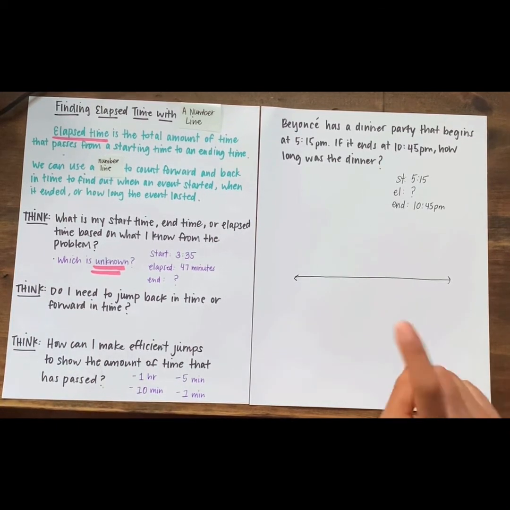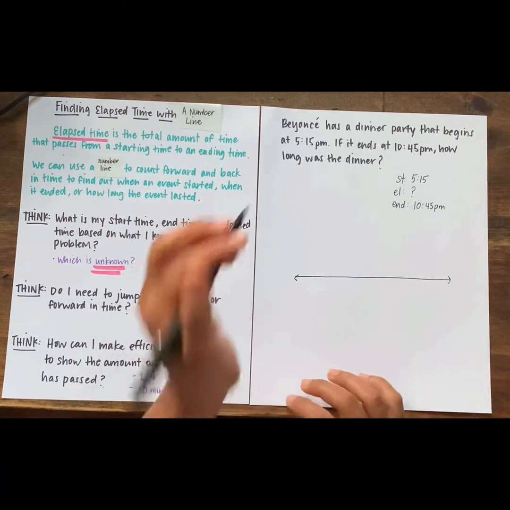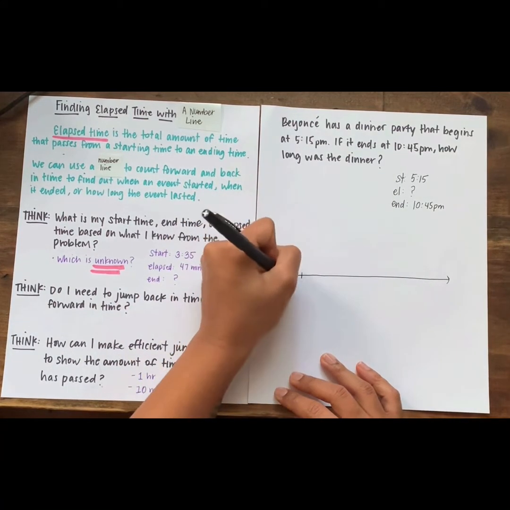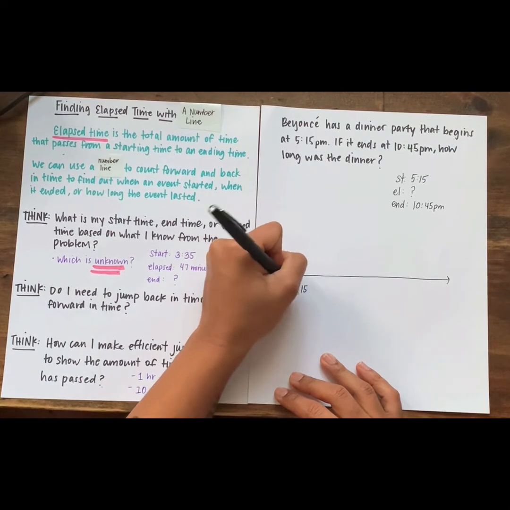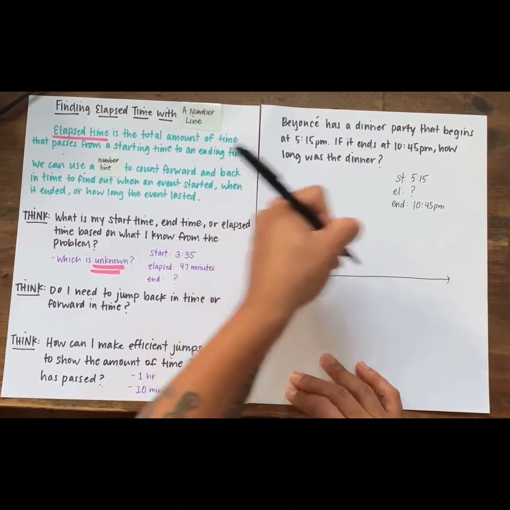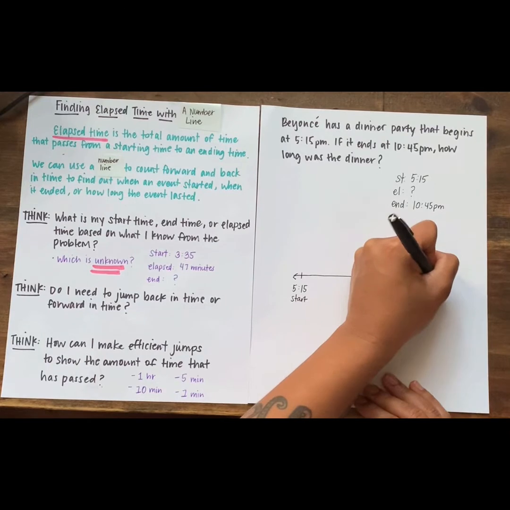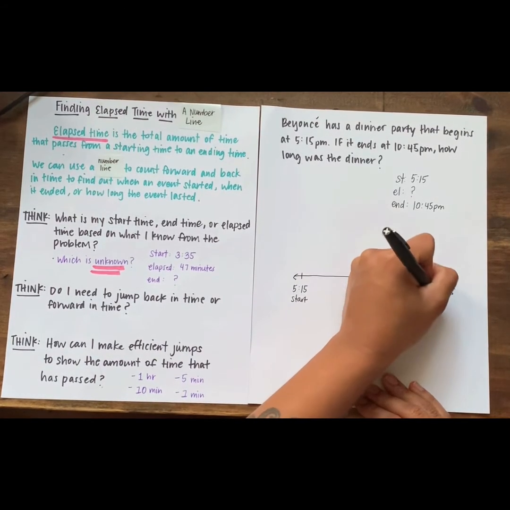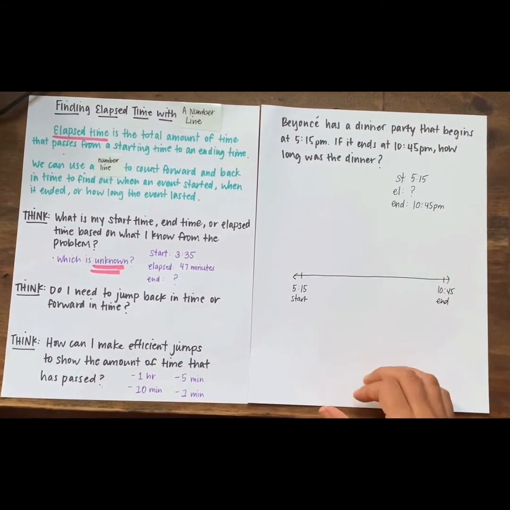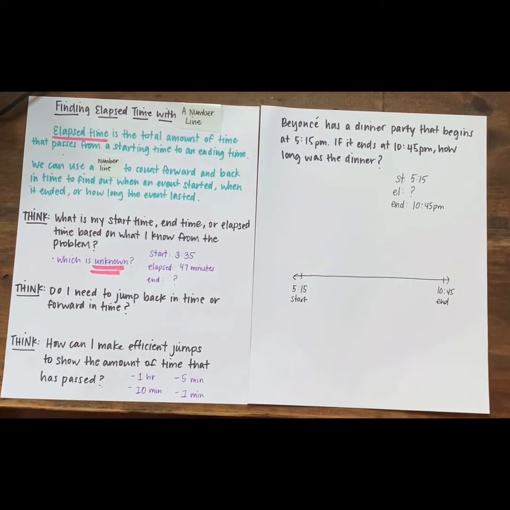How did you solve this problem? Say your answers out loud. I heard you say that you made jumps to connect our start and end time. So let's plot that on the number line. What type of jumps did you make first and why?